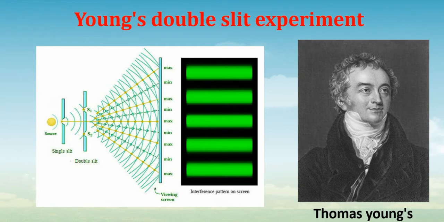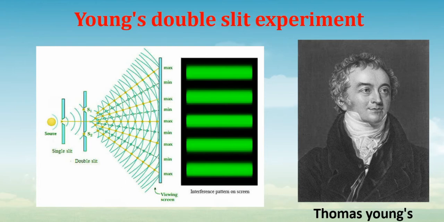Whatever we discussed about interference, that concept was applied by Thomas Young for the light wave. That's why he discovered the interference of two light waves.